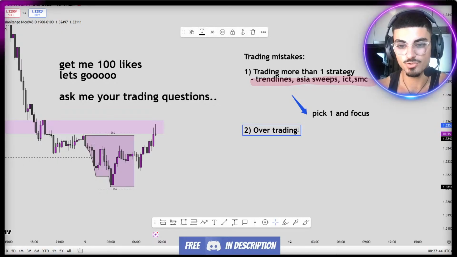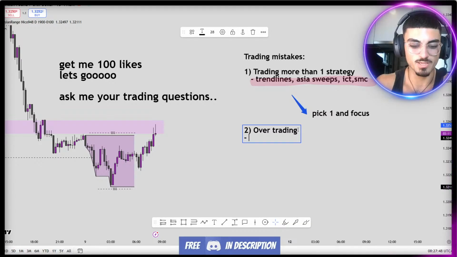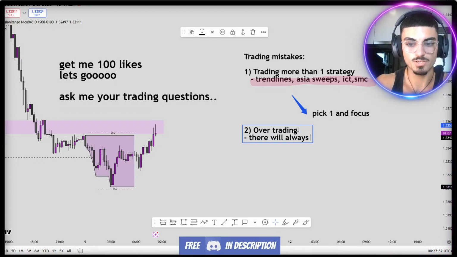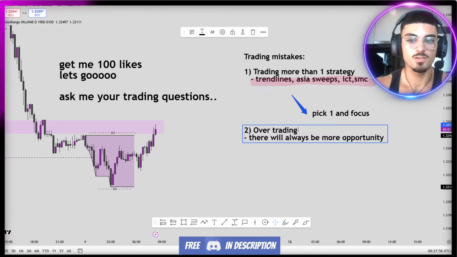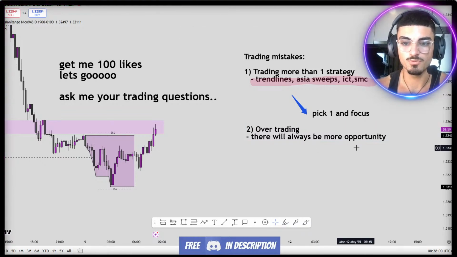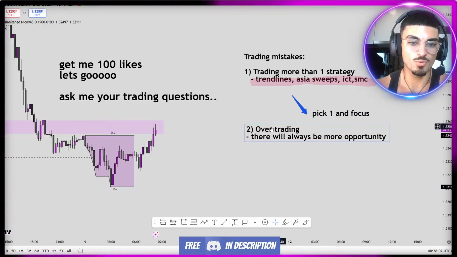There's no need to trade, because there are setups every week. There will always be more opportunity, so you don't need to force trades. So stop overtrading.